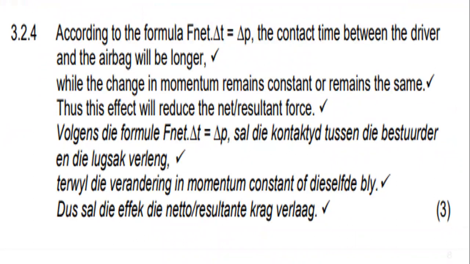Right. So when you look at this formula, F net delta T is equal to delta P. The contact time between the driver and the airbag will be longer, while the change in momentum remains constant. This effect will reduce the net force.